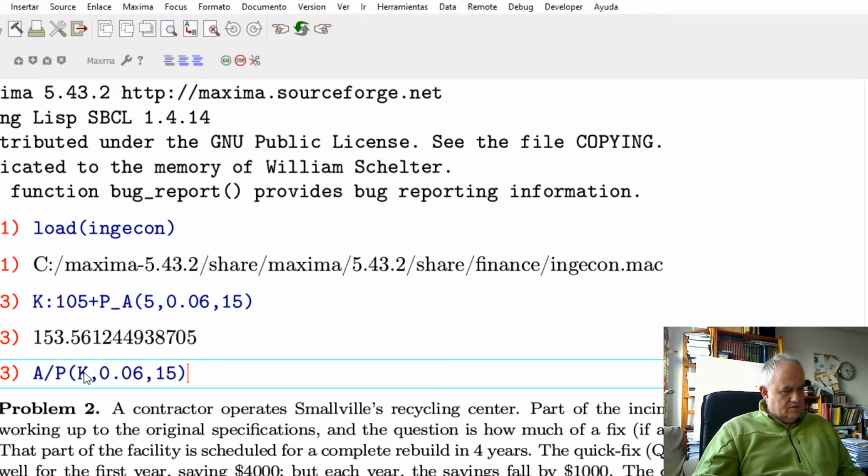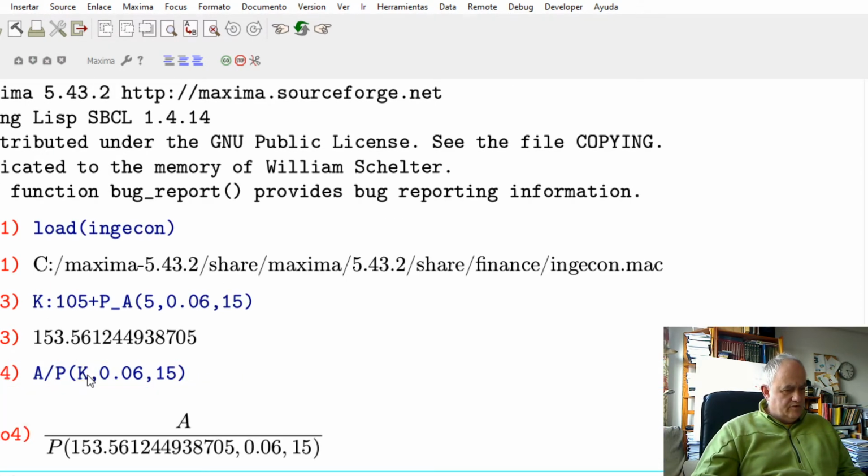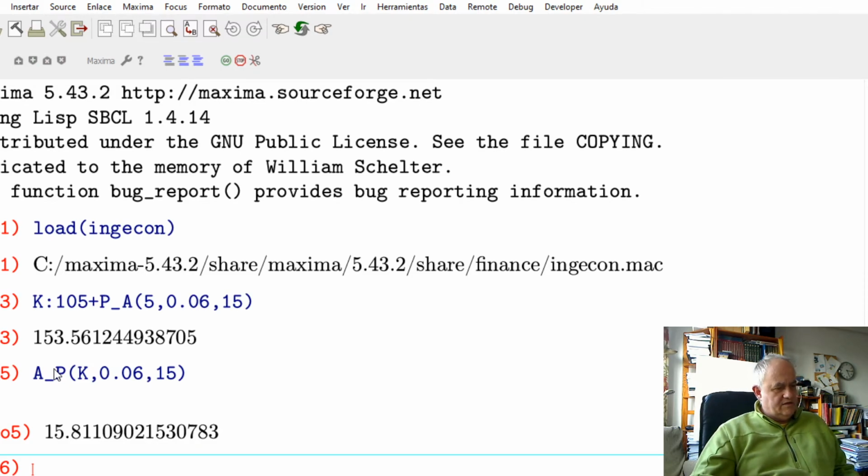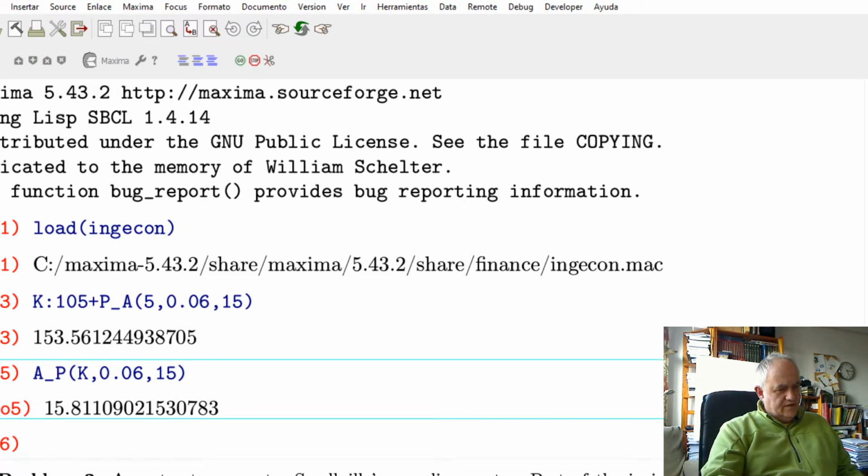Okay, and then now this can be computed. Sorry, this has to be obtained like this. So it is 15.81. Okay, that's a good point.